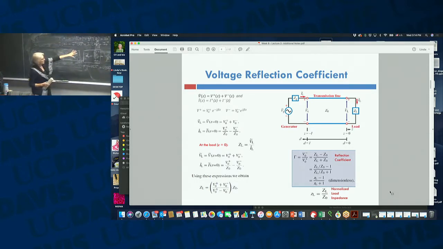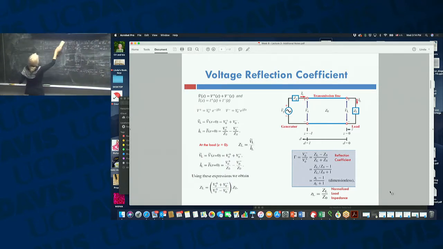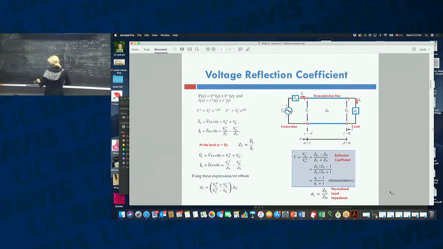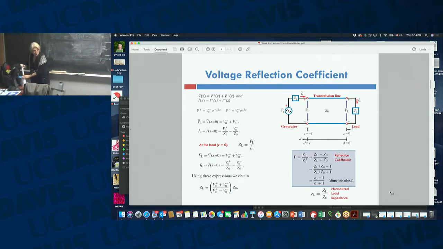But having remembered all of this, we're going to start solving problems right now. And the first one, I will erase here, is to solve the problem where we have a load at the end of the line. All right?